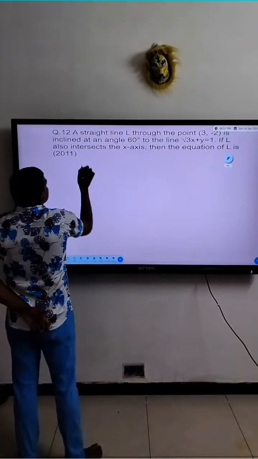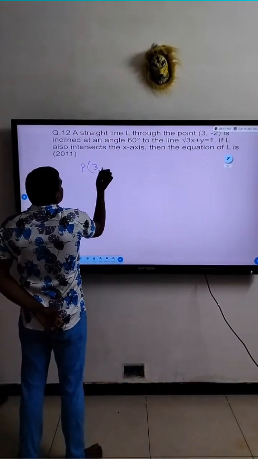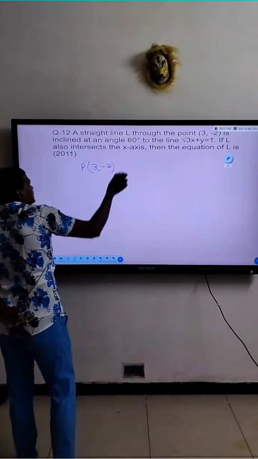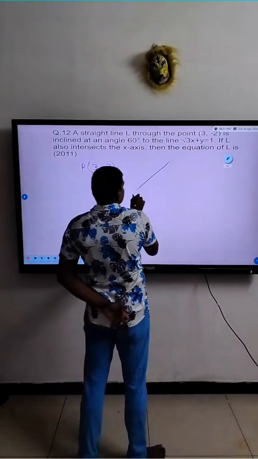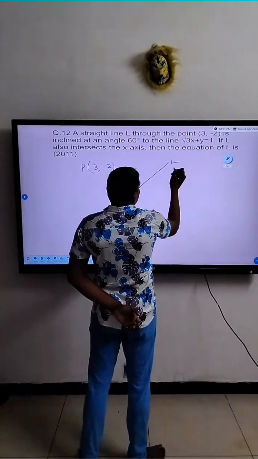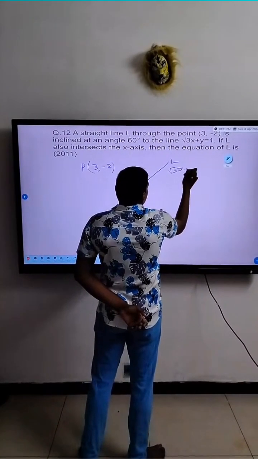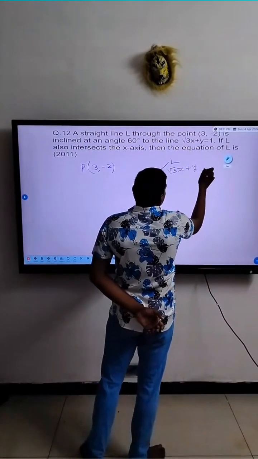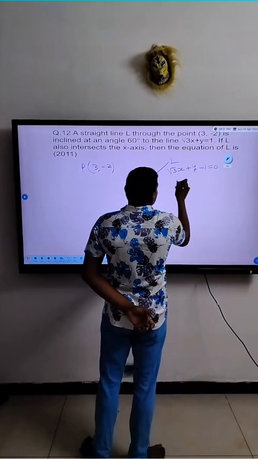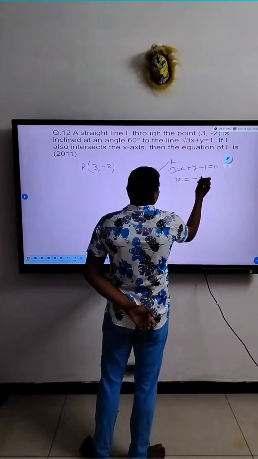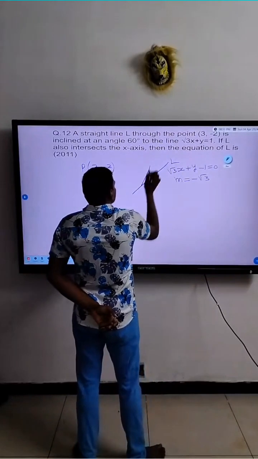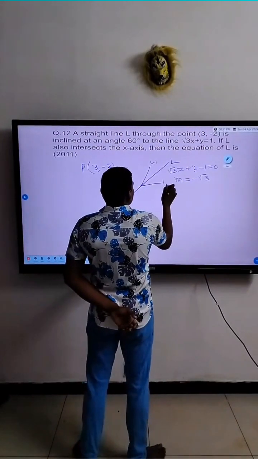A straight line is passing through (3, -2) and making a 60 degree angle with the line L, that is root 3x plus y minus 1 equal to 0. Its slope m is minus root 3. Here you have L1, L2.